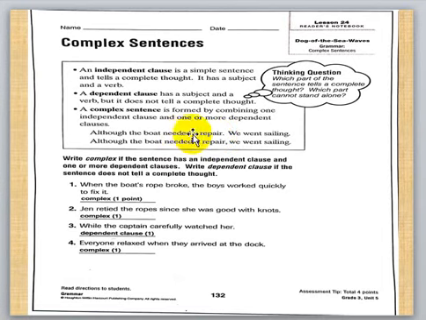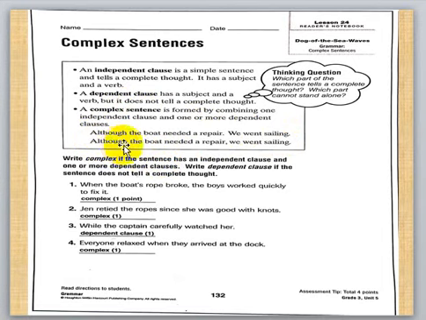Although the boat needed a repair, we went sailing. Now these two clauses are called a complex sentence. What is this? This is a complex sentence, but it must have a comma here, not a full stop.